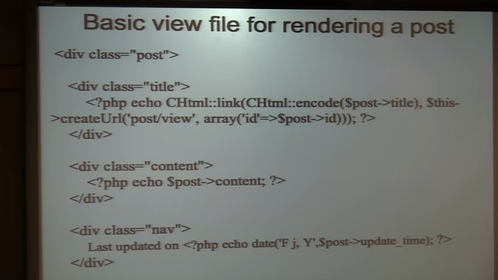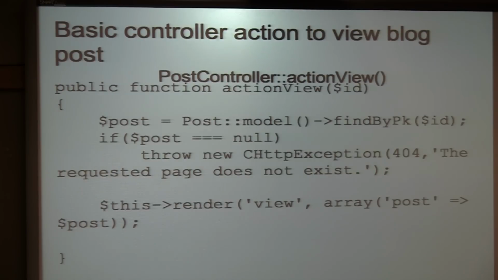I might be using a format that uses the slashes, like the path kind of format. I might be wanting to keep with my query string, or I might cook up my own crazy scheme where I've got something that's handling the parsing of that. But letting the controller create the URL will keep your URLs consistent. And then I can start to use my $post variable, which is that way because of this right here.